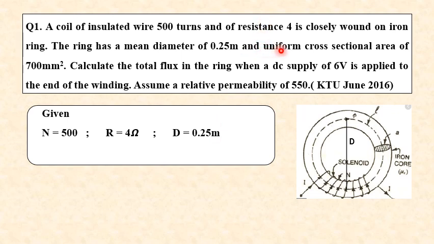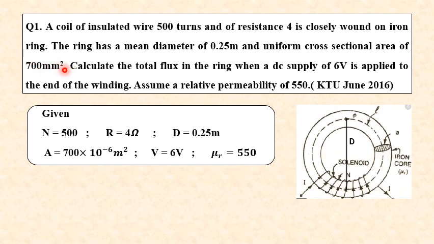The next parameter given is the uniform cross-sectional area of the ring. The cross-sectional area is marked in the figure as small letter a, and it is given as A equal to 700 mm square.